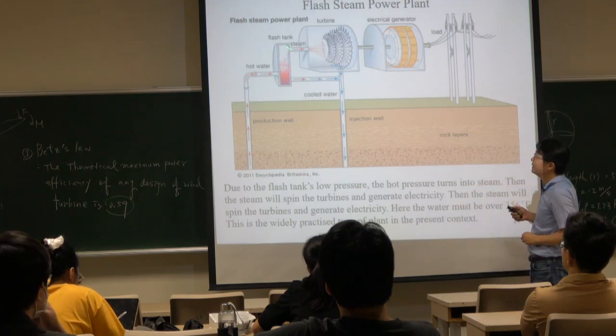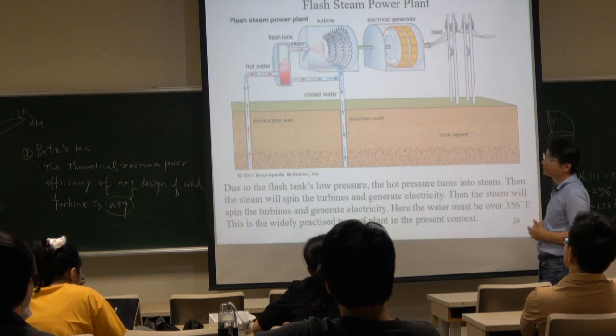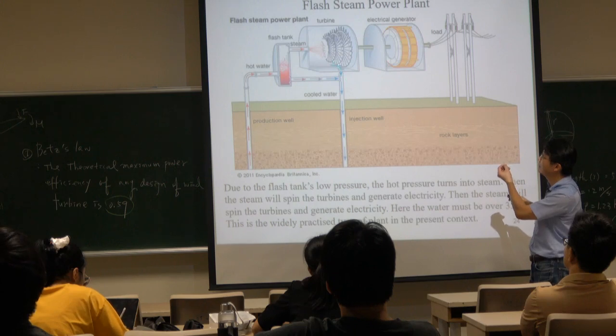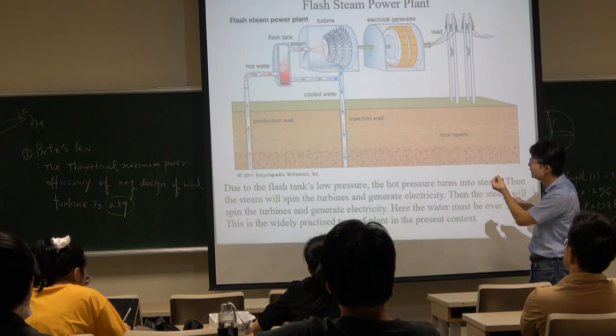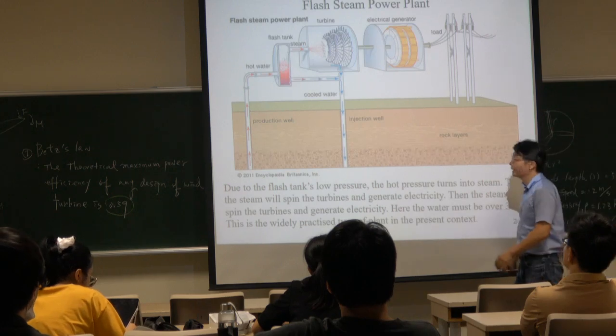This kinetic energy turns the turbine to generate electricity. Once the vapor condenses and becomes water, it is injected back into the well and reused again.